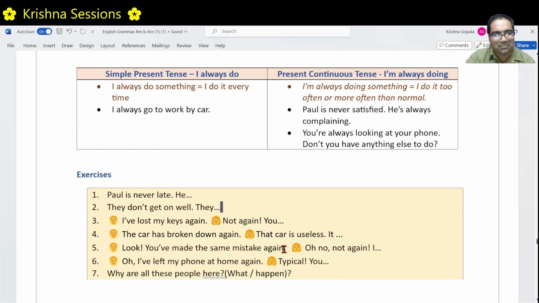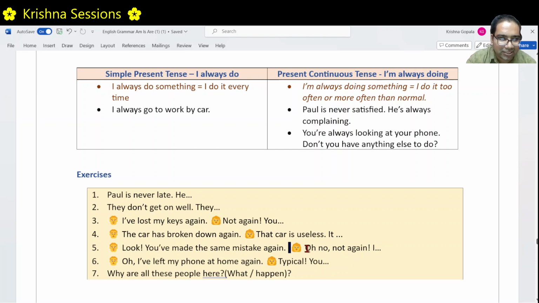Look, you have made the same mistake again. The guy is complaining. The girl is saying, "Oh no, not again." Here also there are two options: "I am always making the same mistake" or "I always make the same mistake." If she says "I always make the same mistake," then that means she is making the same mistake every single time.